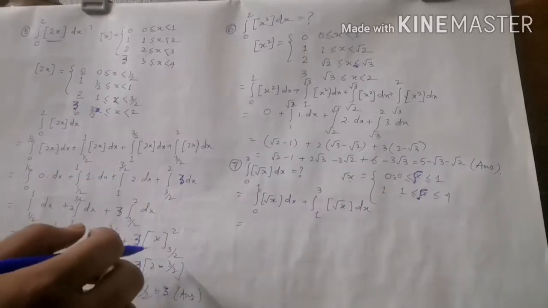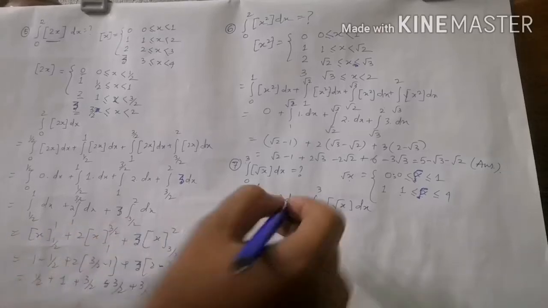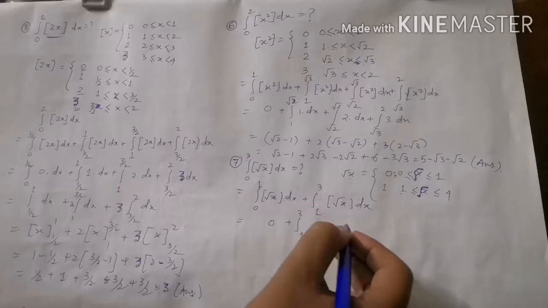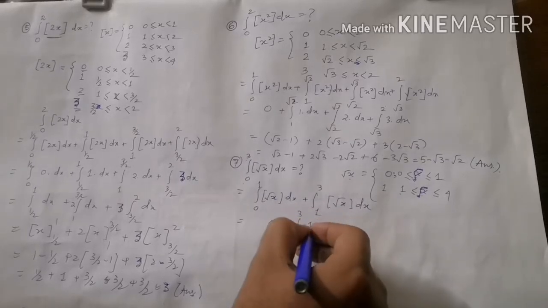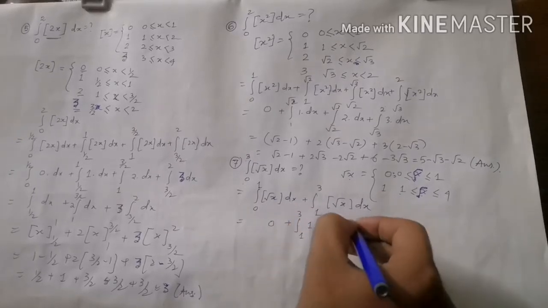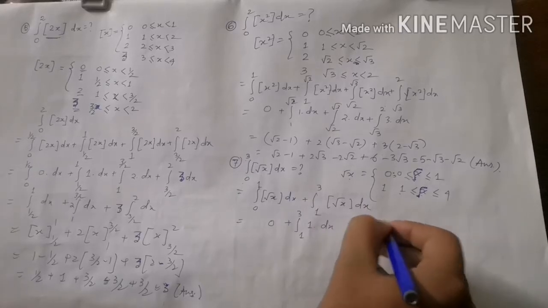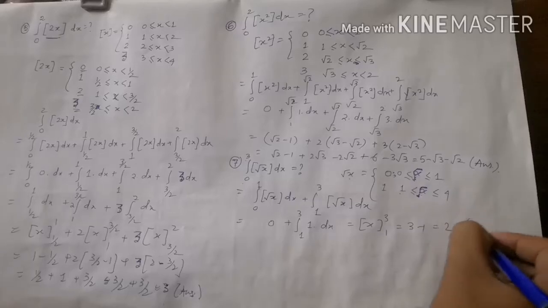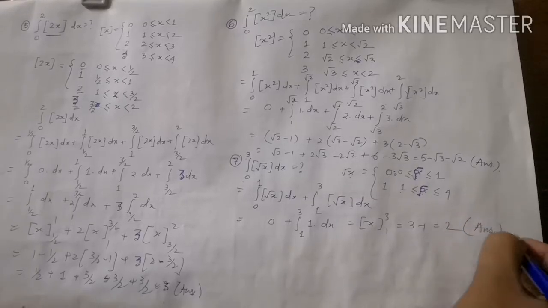From 0 to 1 the value of root x is 0, and from 1 to 3 the value of root x is 1. So 1 into dx equal to x, and it is from 1 to 3, that is 3 minus 1 equal to 2, and this is the answer.